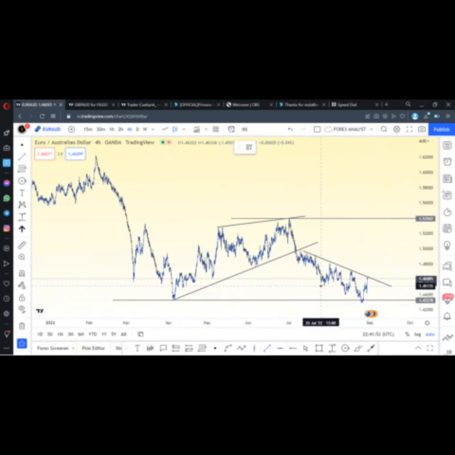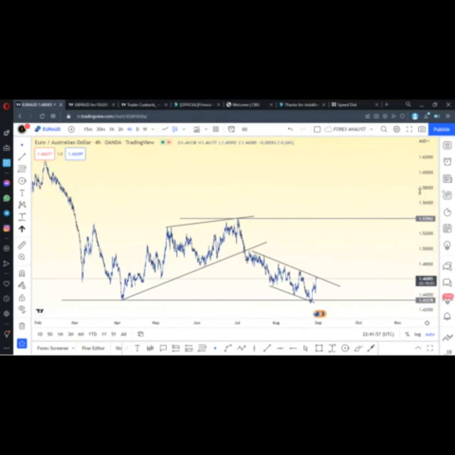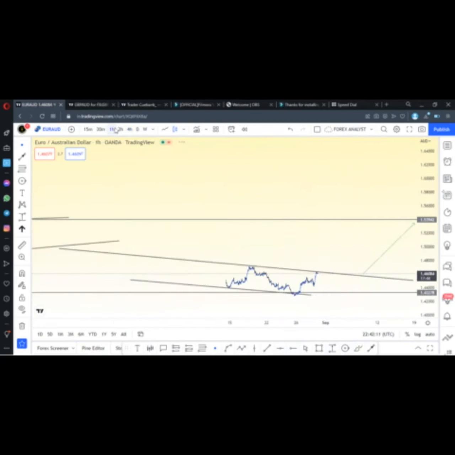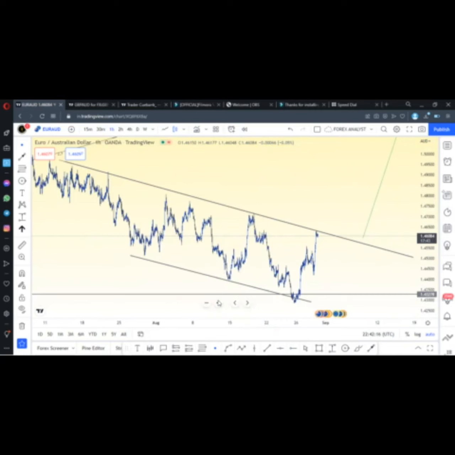I don't know what you guys call them, but yeah, right? So I will be looking for the push to the upside. If you're looking for entries, go to a lower time frame.